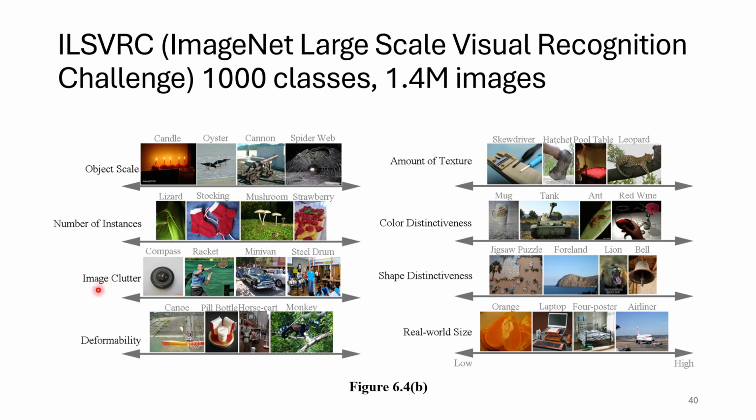Then image clutter: some images are very simple, for example the campus, where the background is plain, but in others there are a lot of objects in the image. It gives us a message: ImageNet is really complex, like real world cases.